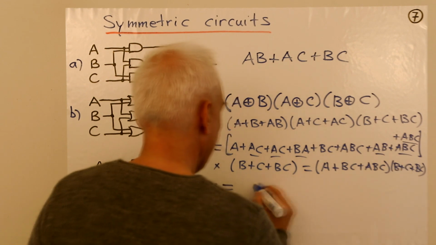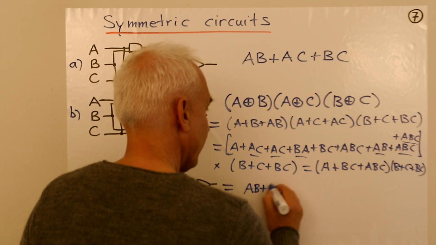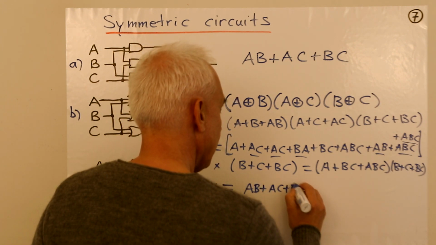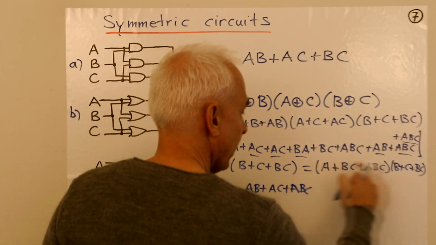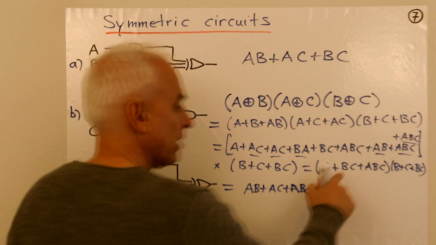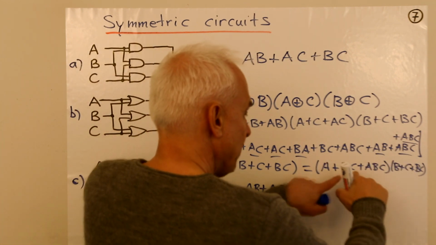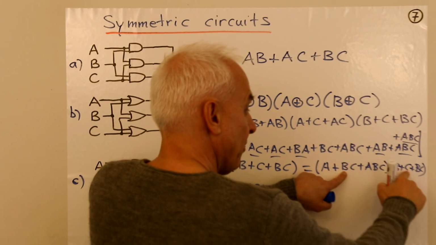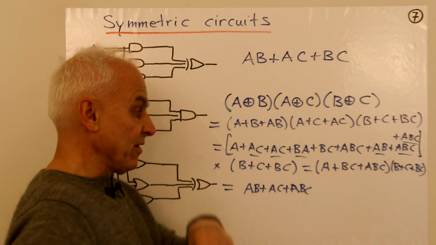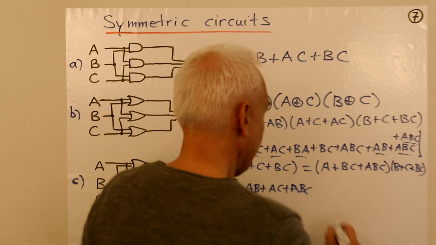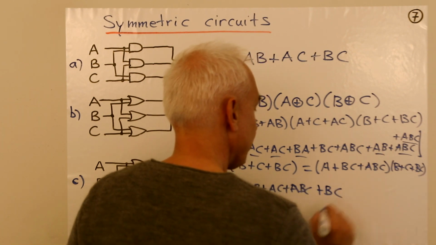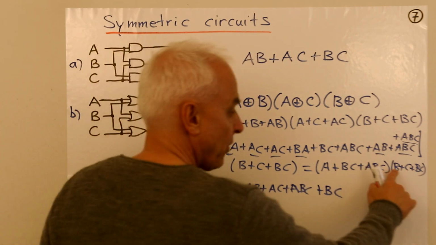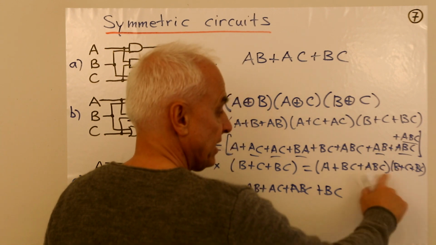Okay, A times this, so AB plus AC plus ABC, multiplying these three by A. Multiplying by BC. BC times B, BC times C, they both give us BCs, they're going to cancel, and the BC times BC will be another BC. Multiplying all three by ABC, we get ABC in each case.